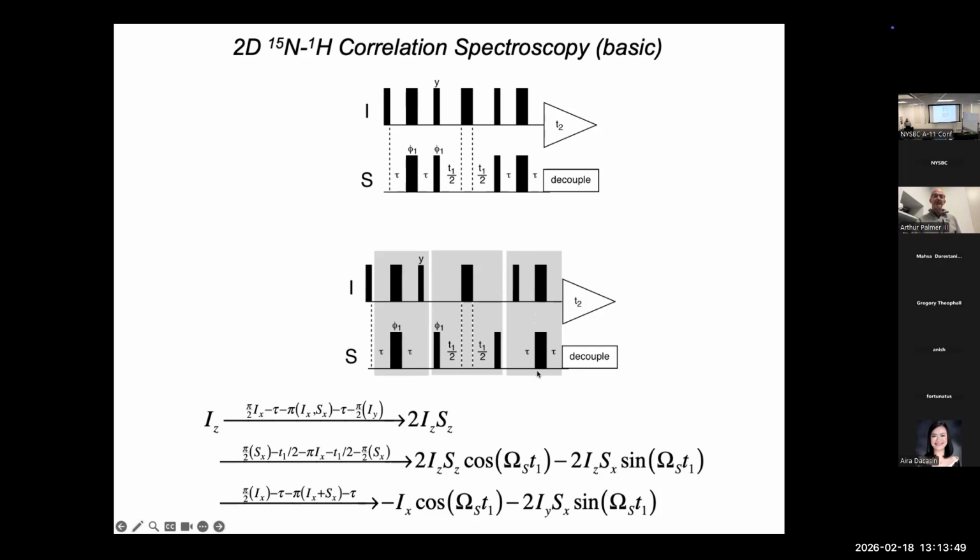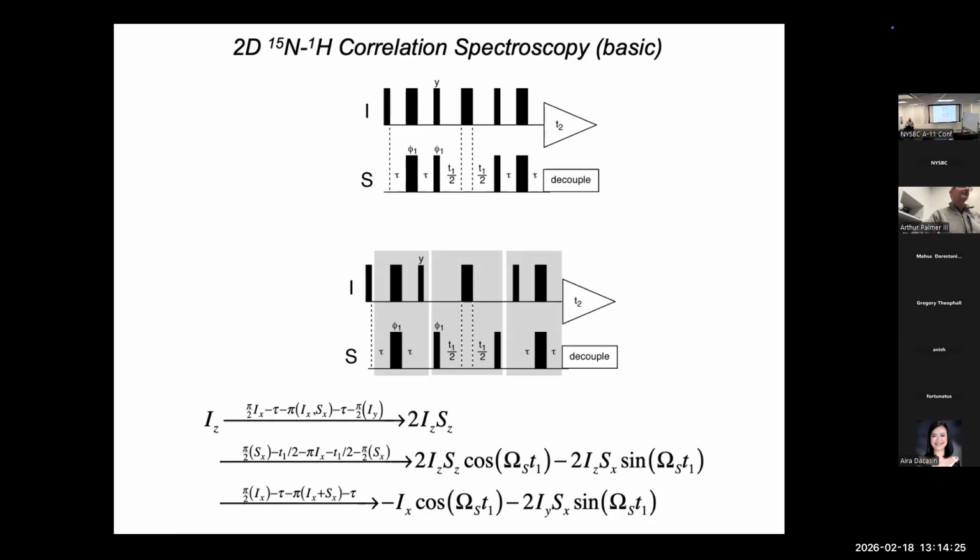What about chemical shift of the S spin? Because we have a transverse S operator, it also refocuses. Right? There's a 180-degree pulse on the S spin in the middle of the period.